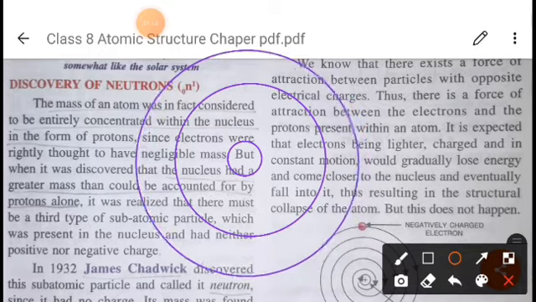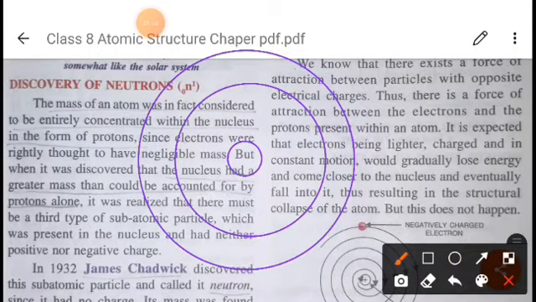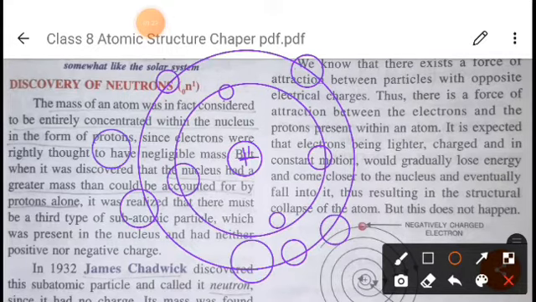Whatever the mass will be, it will be here, because the mass of the electrons is negligible, as I have already told you. So the mass of an atom was considered to be entirely concentrated within the nucleus in the form of protons, and the electrons were rightly thought to be of negligible mass.